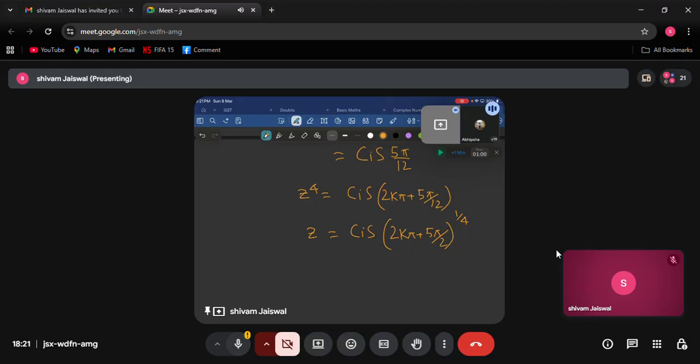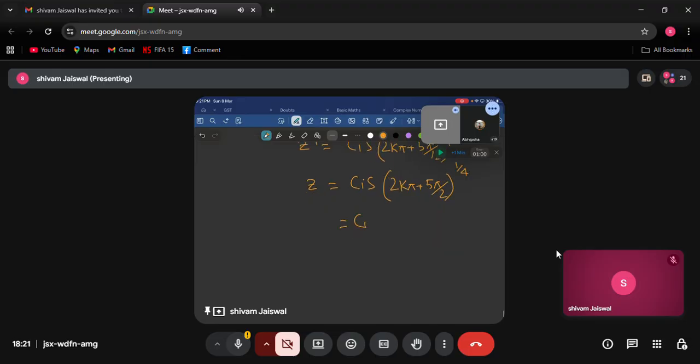Okay, using de Moivre's theorem, this will become cis 2k pi plus 5 pi by 12, the whole thing divided by 4, for k equal to 0, 1, 2, 3. This is the answer. Okay, after that you substitute k equal to 0, 1, 2, 3, you will get the result.